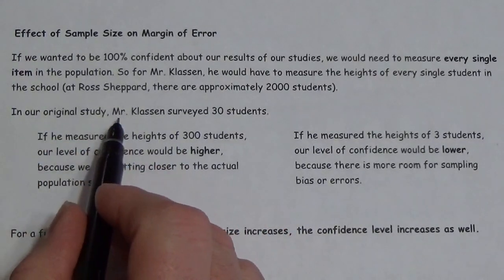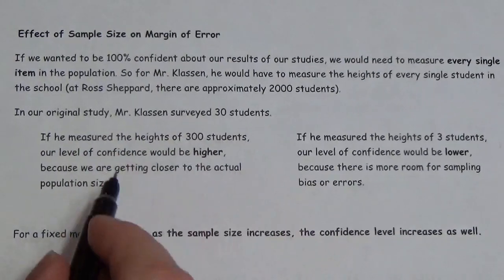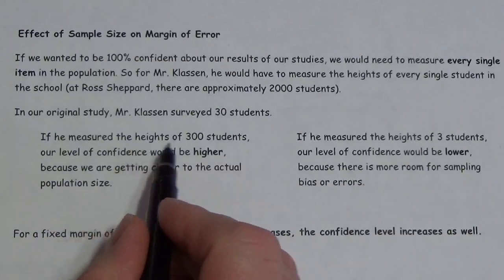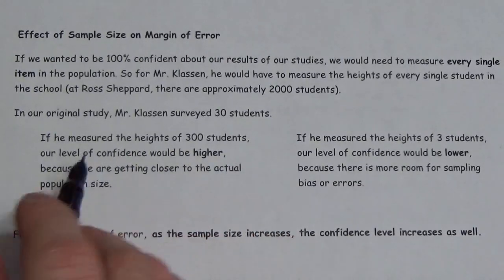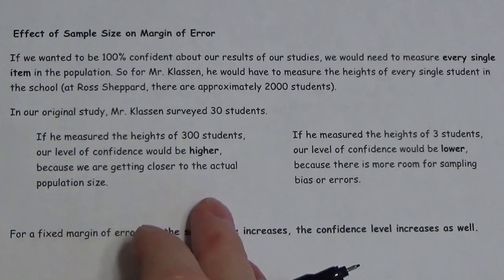Now, let's say that that's not necessarily the goal, to be 100% accurate. Just notice this: if in the original one he surveyed 30 students, now if he was to measure the heights of 300 students, then your confidence would go up in his results, because he's contacted more and more students. The more data you've got, the more trustworthy your conclusions are going to be.